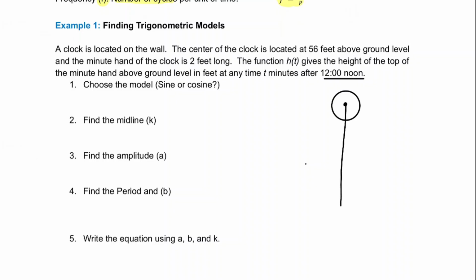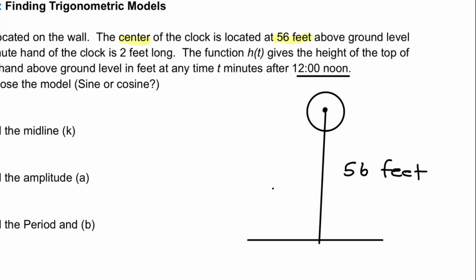I'm going to draw a picture. Here's the ground. Here's my clock. So again, it said the center of the clock is located 56 feet above the ground. So this is 56 feet. Again, the minute hand is 2 feet long. So just this little amount is 2 feet.